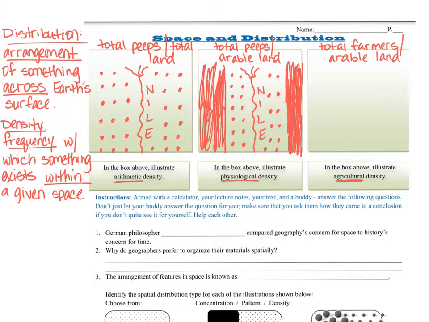There's not other jobs. Well, yes, but there's something else. Then shouldn't we have less farmers if it's desert? No. There's not enough land, because it's only a small part that's arable.